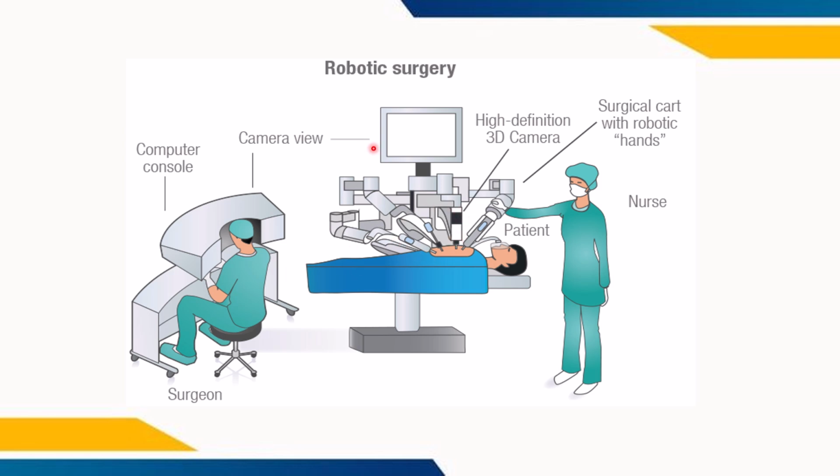Here is the visualization of the whole procedure on a high definition screen. Here is the patient. One arm carries the camera inserted from here, and the other three carry the instruments for the procedure. And here is the nurse assisting the whole procedure.